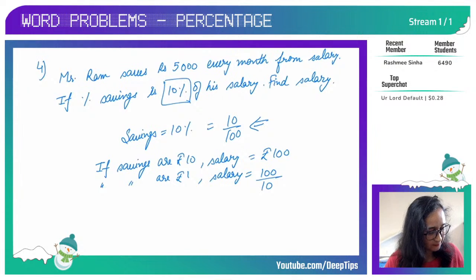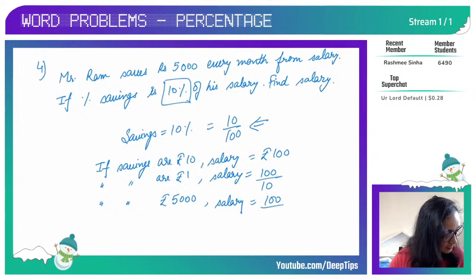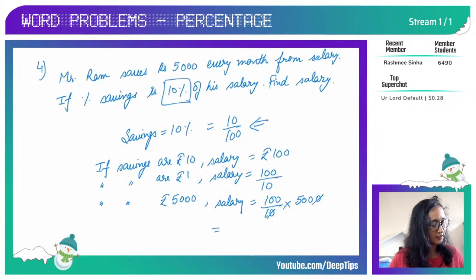Okay, now if savings are rupees 5,000, then what would be the salary? I can multiply 100 by 10 into 5,000. Now this 0 gets cancelled. So 100 into 500 gives me 50,000. So salary of Mr.